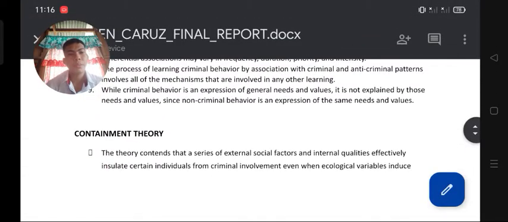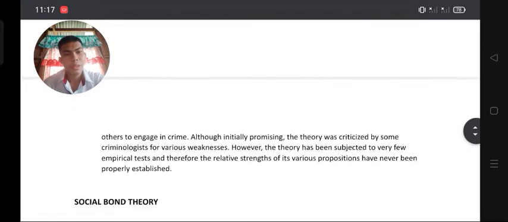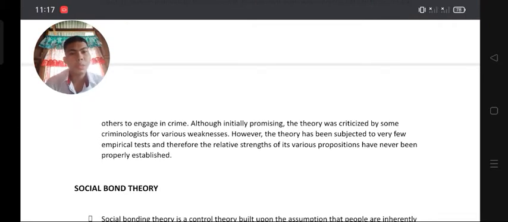The next is containment theory. The theory contends that a series of external social factors and internal qualities effectively insulate certain individuals from criminal involvement, even when criminogenic variables induce others to engage in crime.